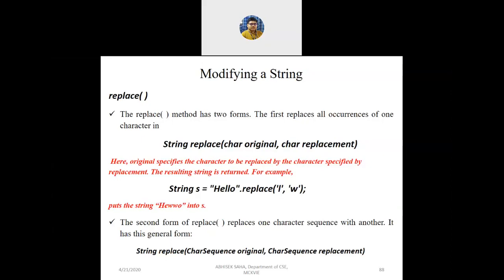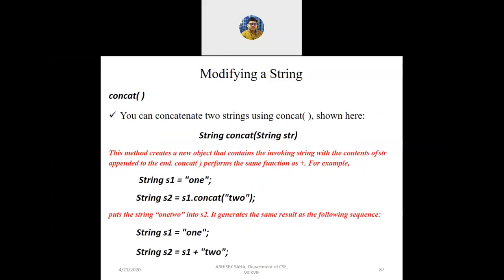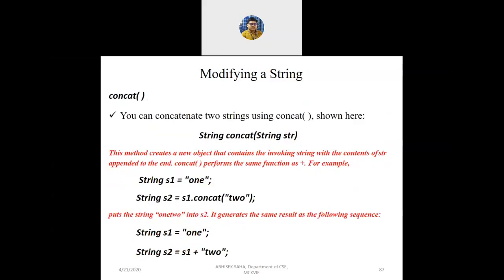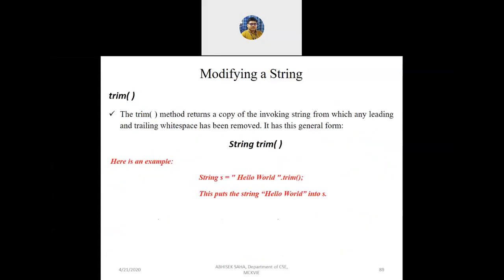So the replace function we discussed, the concat function discussed, substring discussed. Now we are moving to the trim function. What does it do? The trim method returns a copy of the invoking string from which any leading and trailing white spaces have been removed.